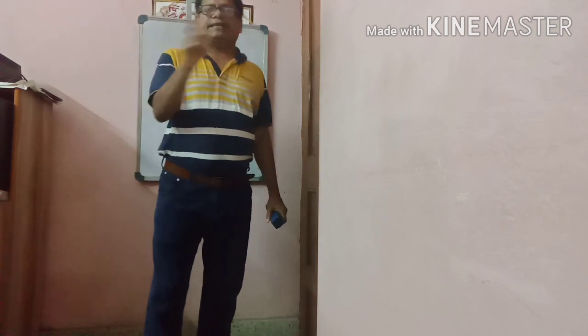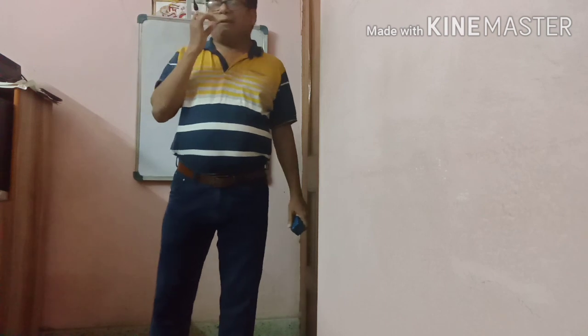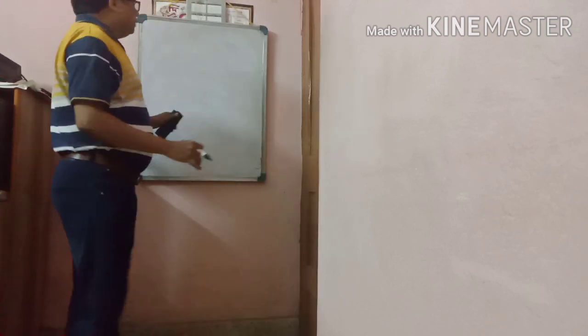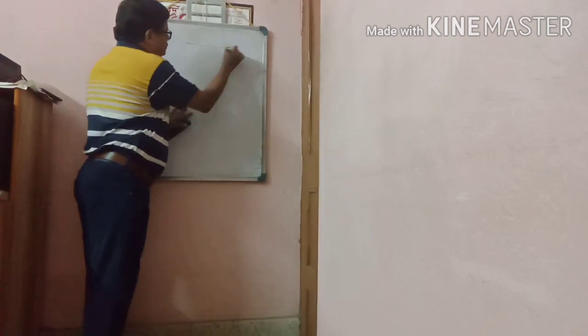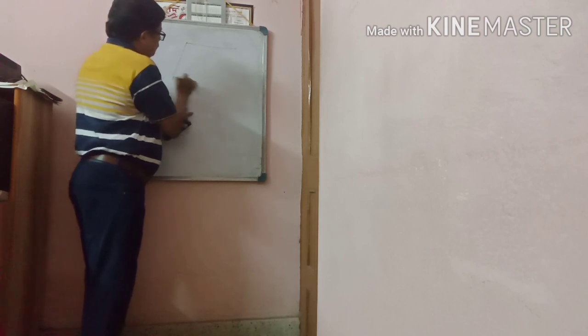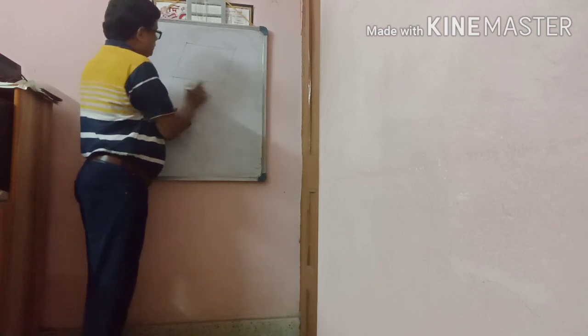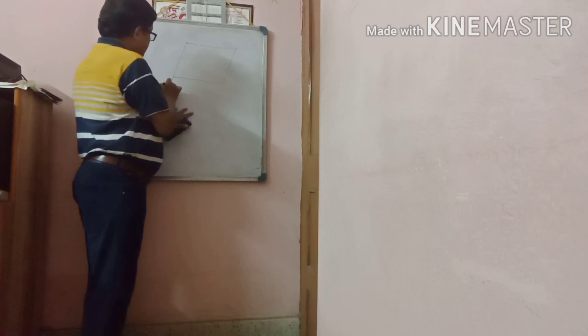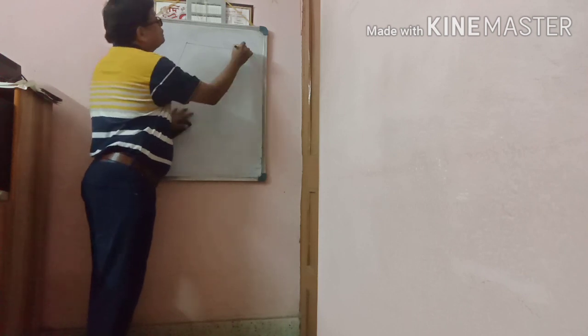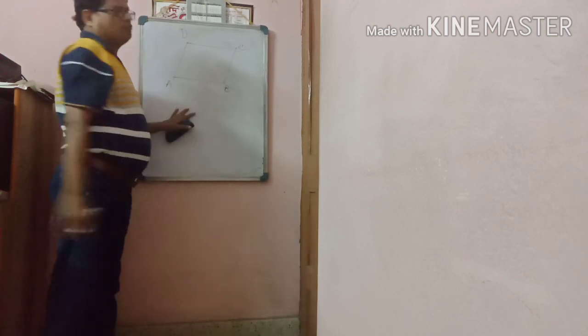Suppose four vertices of a parallelogram are given. How to prove it is a parallelogram or rectangle or square? You have to apply the distance formula. Suppose here is a parallelogram ABCD.